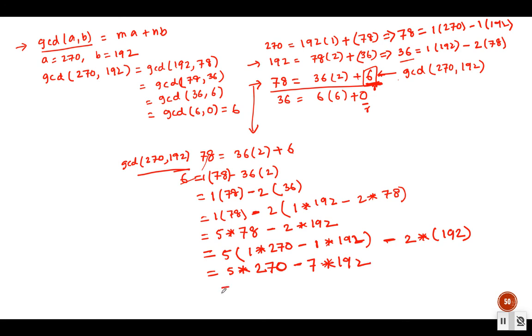So that's m times 270 plus n times 192, where m equals 5 and n equals minus 7. That's our right hand side.